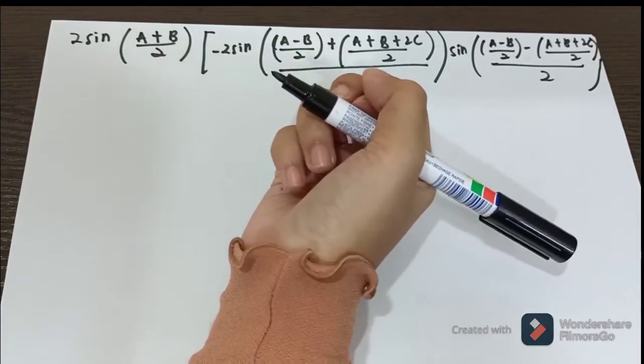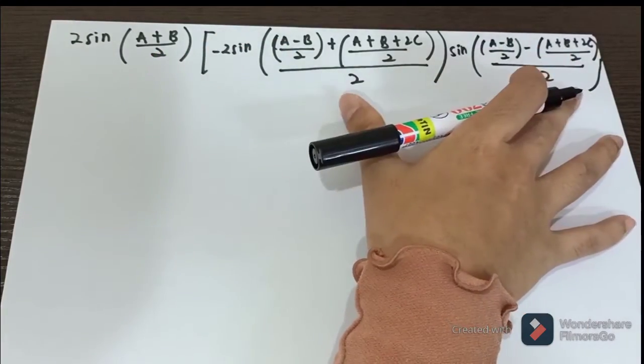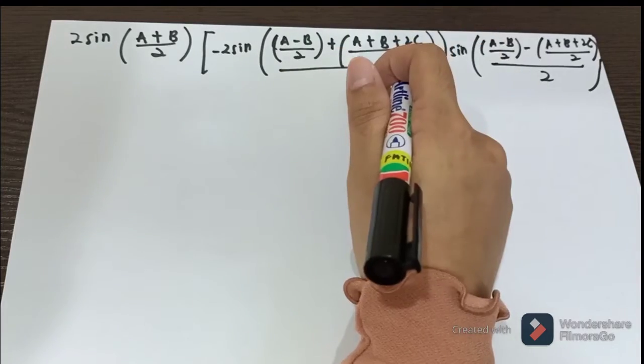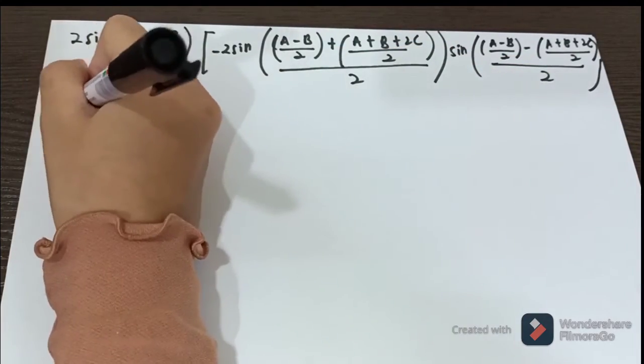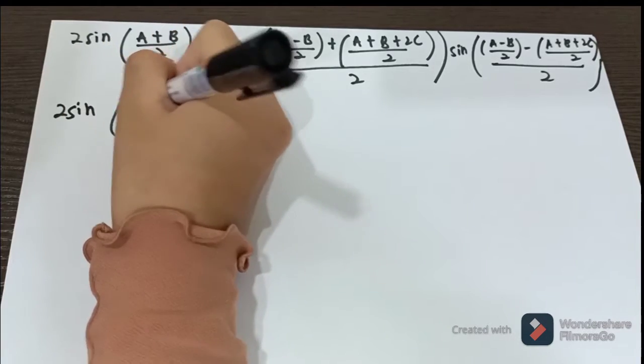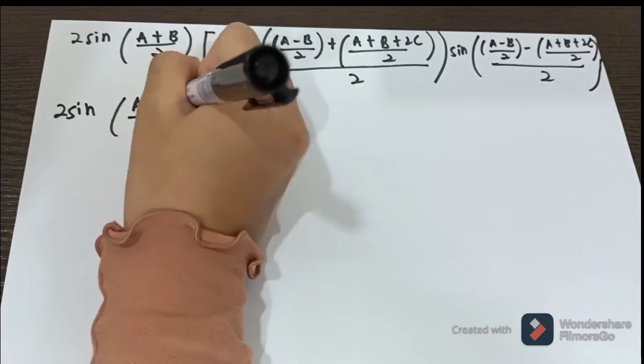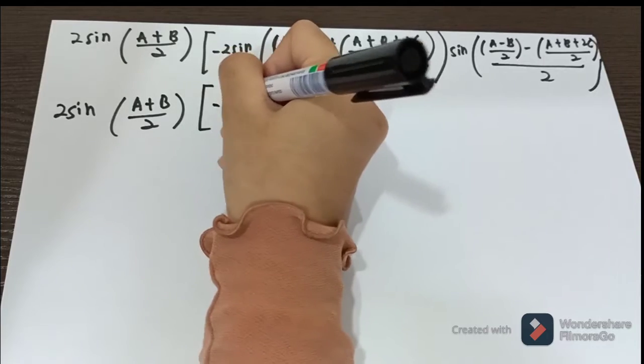So after we change the equation to be like this, we know that it is divided by 2. So we have to change it like this. We have to multiply it by 1 over 2.